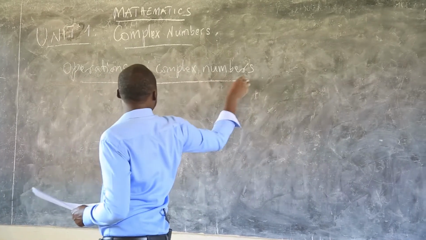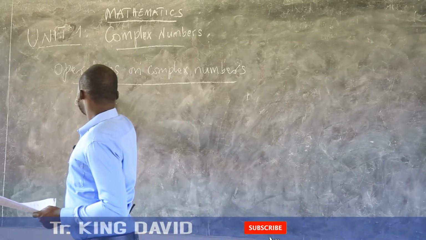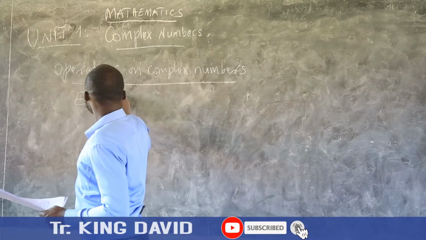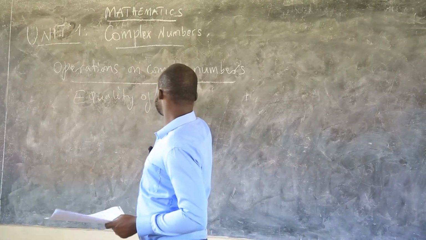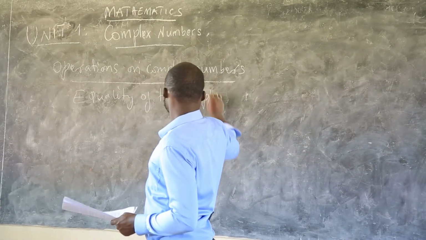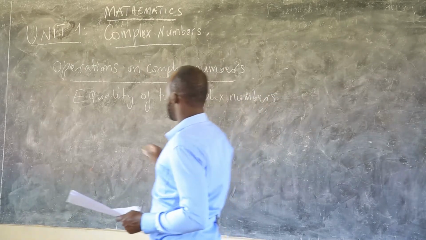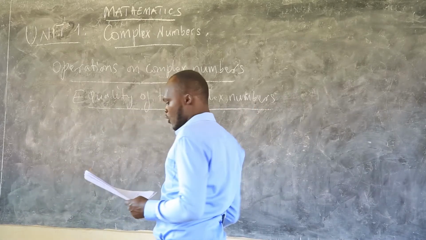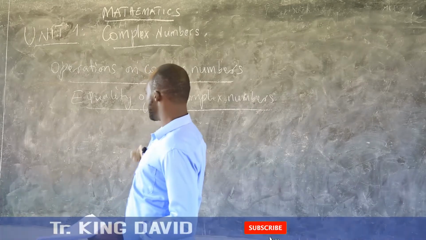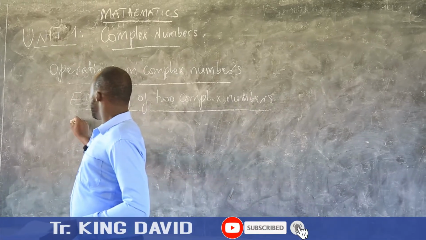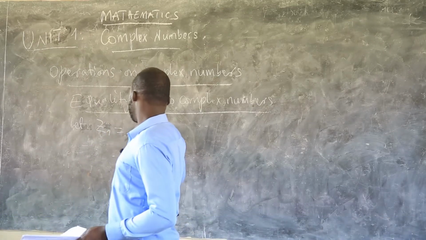Operations on complex numbers, where we have equality of two complex numbers. How can two complex numbers be equal? That's what it means. For example, let Z1 be equal to A plus BI.